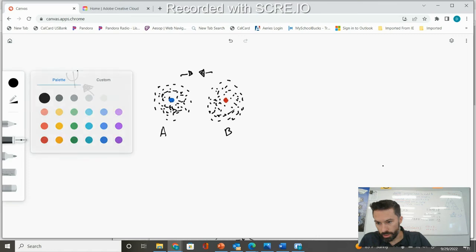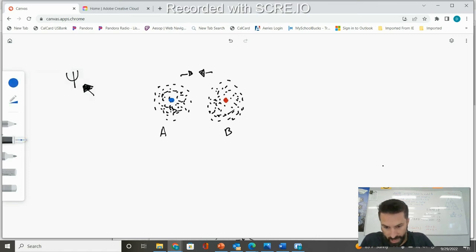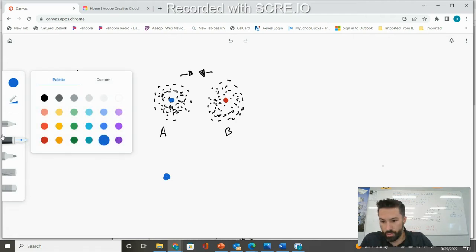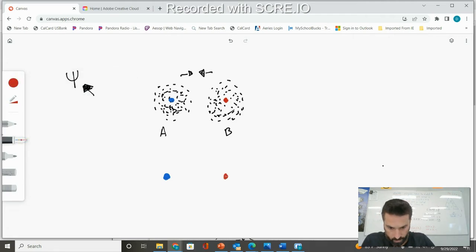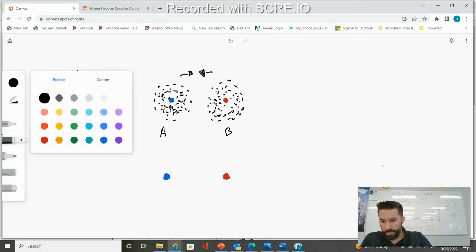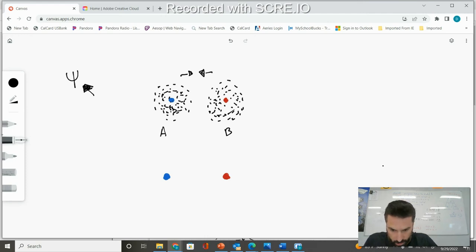Let's draw up my nuclei: my blue nucleus and my red nucleus. Now we're going to draw out my electron, and let's put it right here. This electron is negatively charged, and my nuclei are positively charged, so this electron is going to get attracted to both of my nuclei.